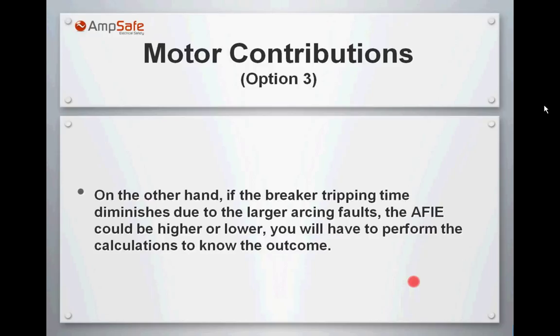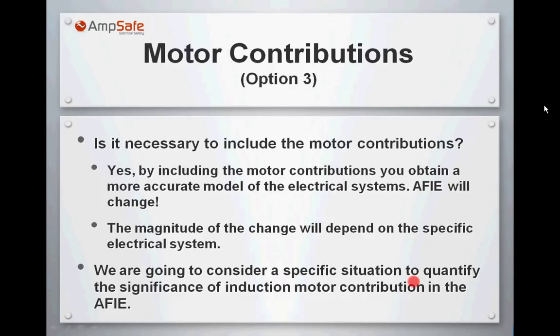Is it necessary to include the motor contributions? I would say yes, because if you already have them in the survey, and it's a matter of just adding them to the database, the extra effort to include all motor contributions might be worth it.